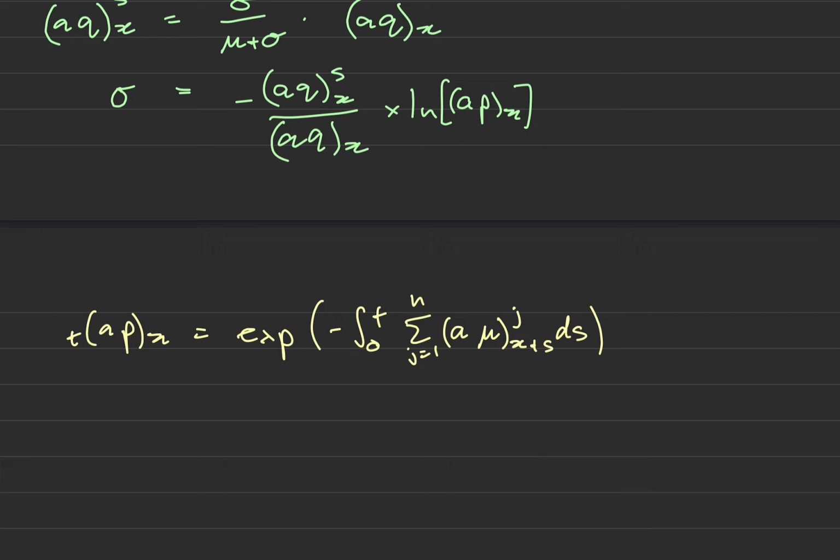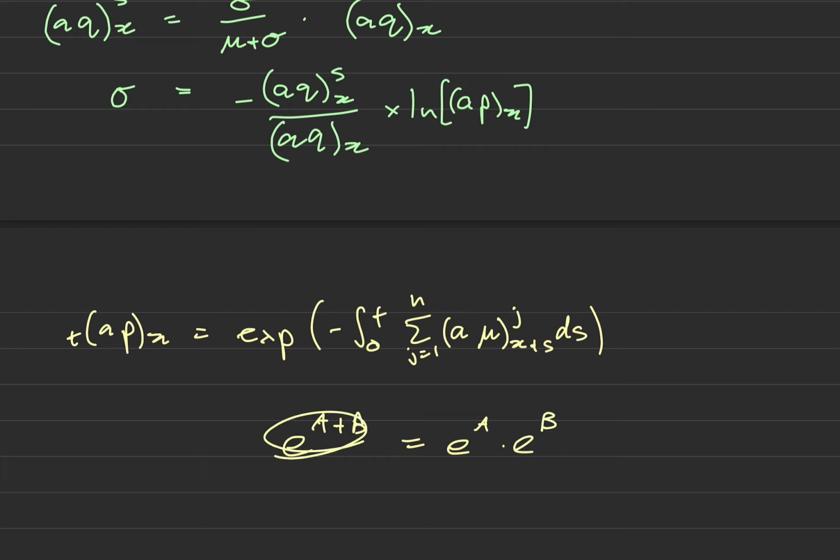So when I take this sum, I can take the sum out of this integral, and what that means is instead of an integral of sums, I have a sum of integrals. And a sum in an exponent is the same as, in other words, e to the a plus b is equal to e to the a times e to the b.